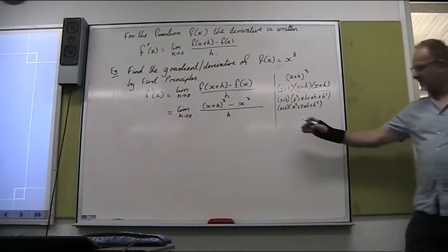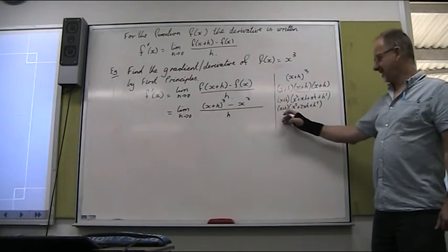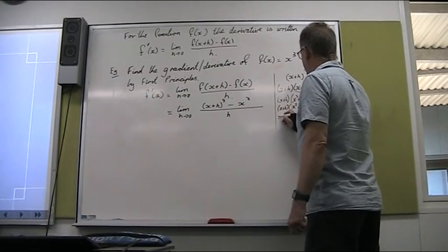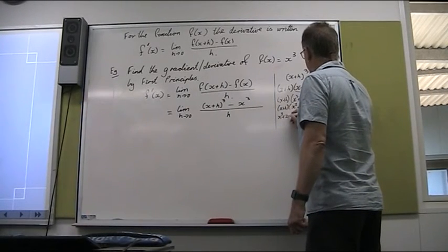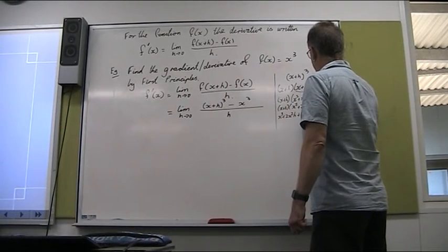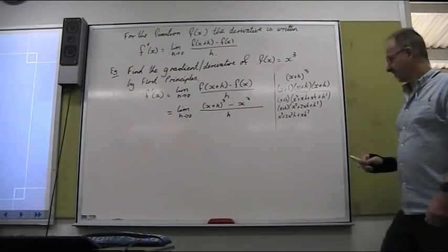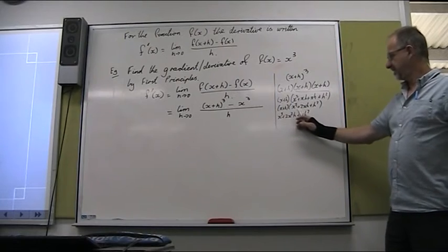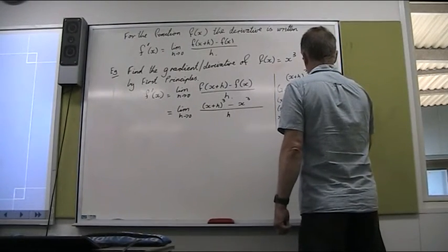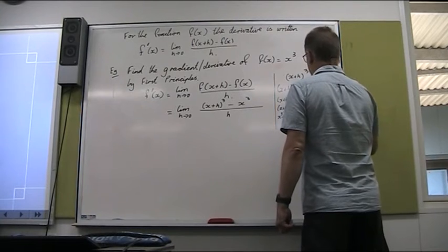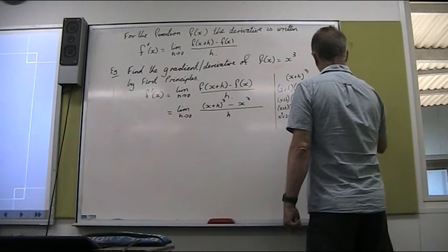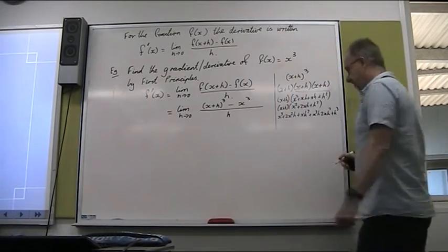I'm now going to multiply this second bracket by this first one. So multiply the x in and you get x cubed plus 2x squared h plus xh squared. Then multiply everything by h, and so I get x squared h, 2xh squared, and h cubed.